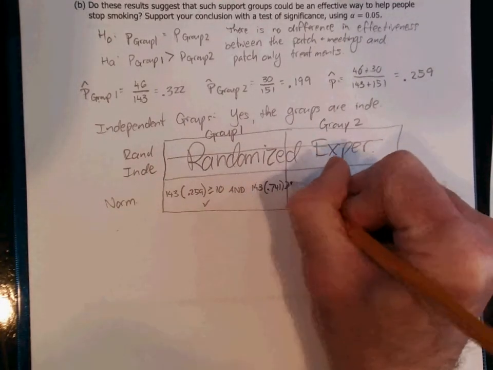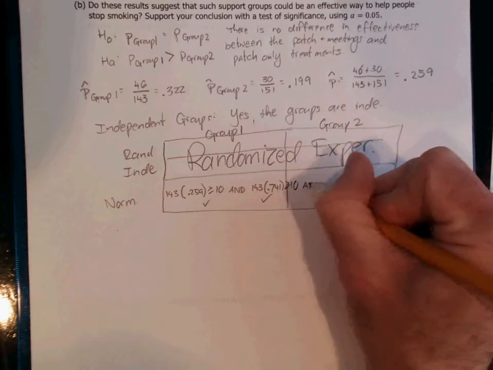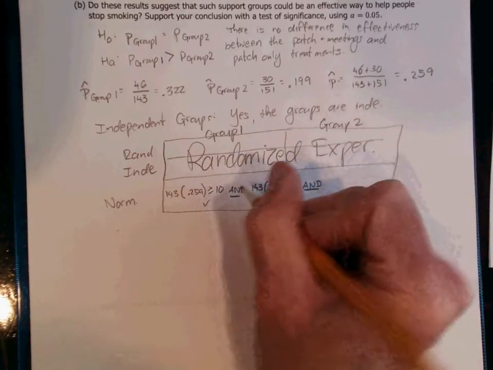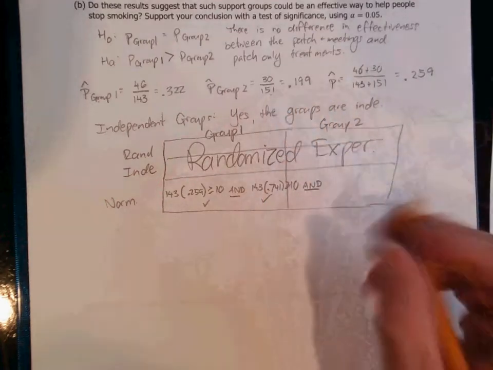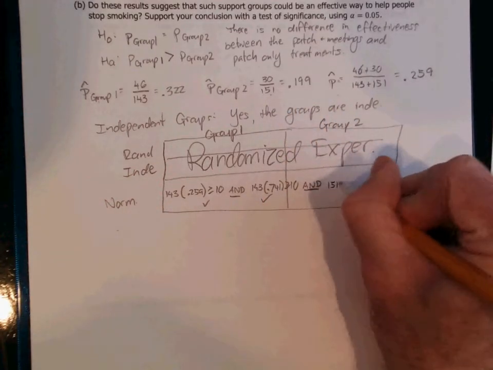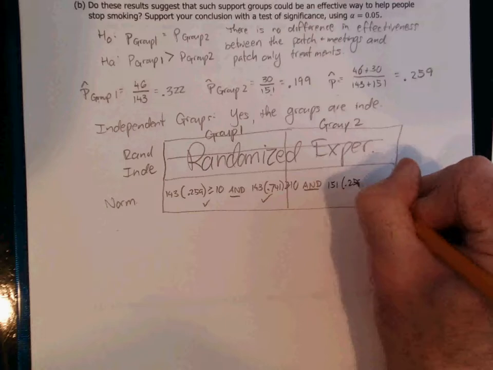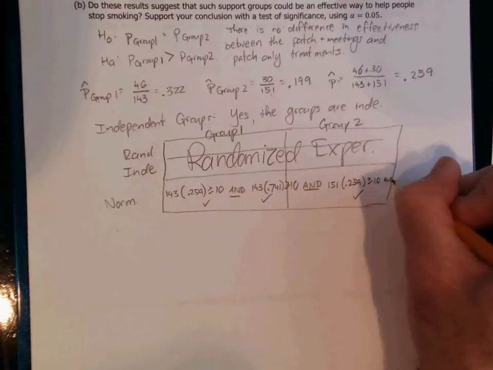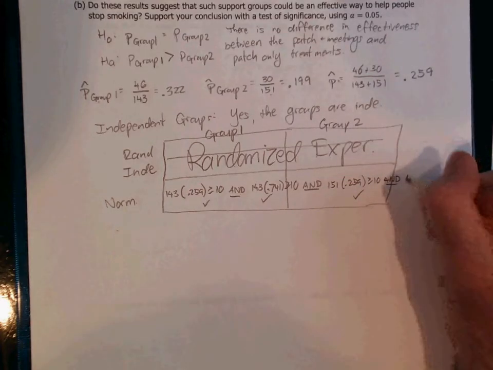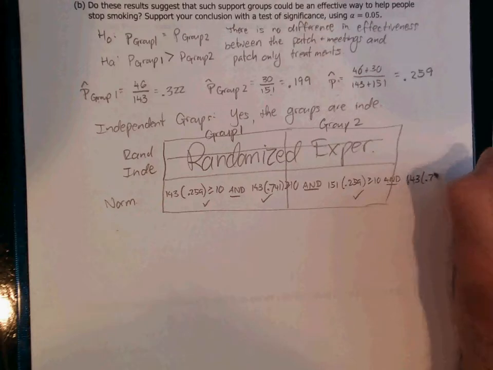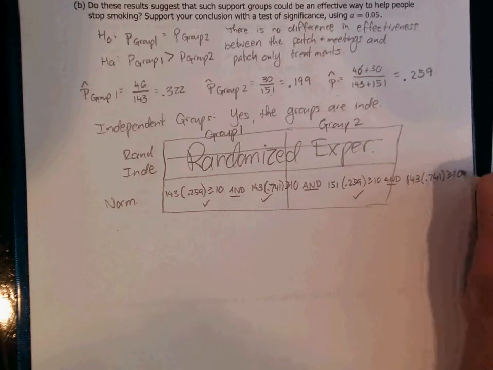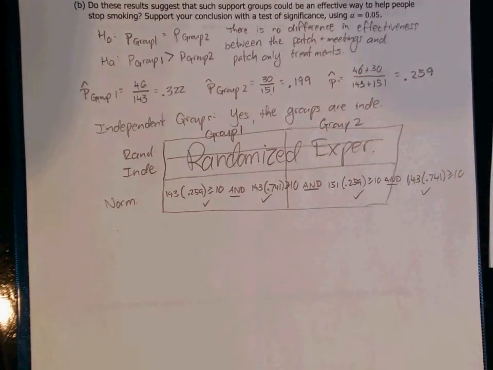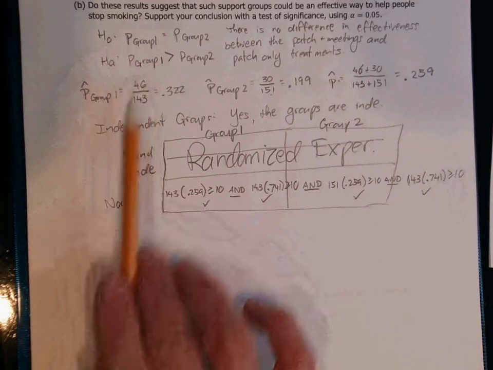It is. Now I'm going to do both of these checks again, but using 151. 151 times 0.259. Is that greater than or equal to 10? Yes, it is. And 151 times 0.741. Is that greater than or equal to 10? Yes, it is.